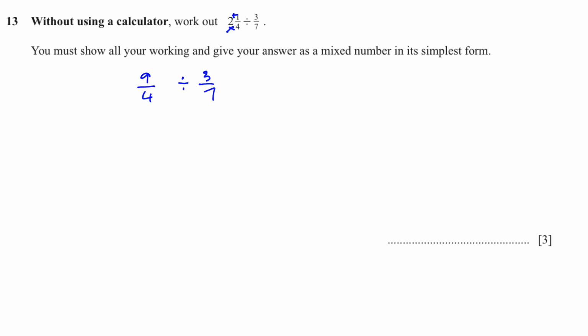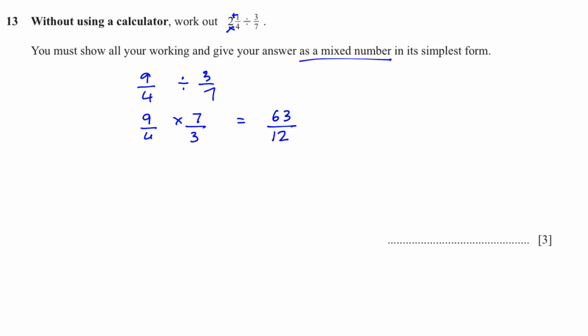Whenever you have divide, change the sign to multiply, and the number on the right hand side, flip it over. So whatever is in the denominator will become the numerator, and the numerator will become the denominator. You can put it in the calculator, you will get 63 over 12. And you have to write it as a mixed number.